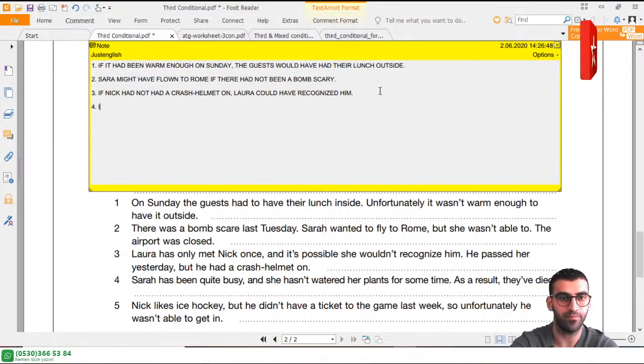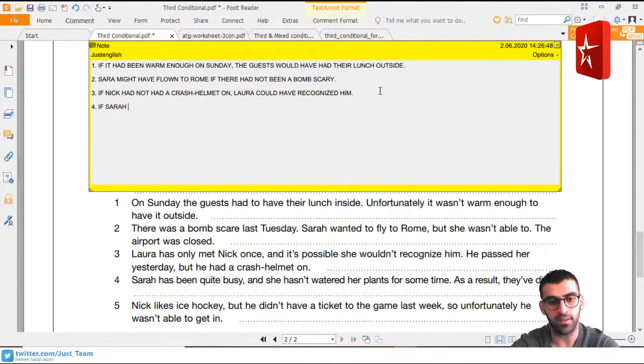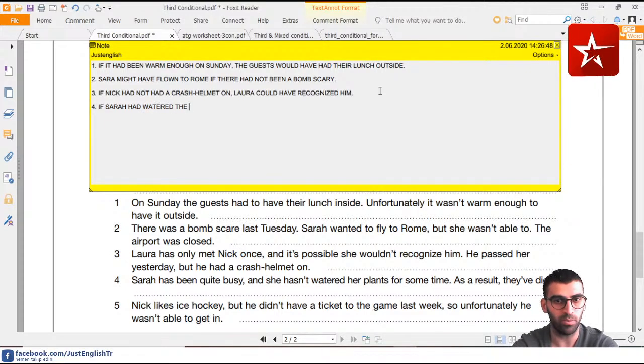If Sarah had watered the plants, yes, or her plants. All right, let me write her to make it correctly. Her plants, okay. They wouldn't have died.